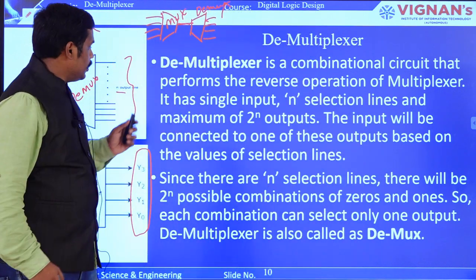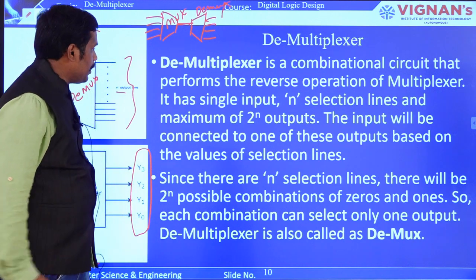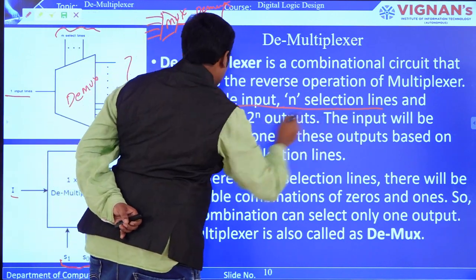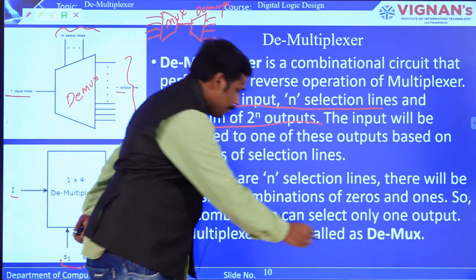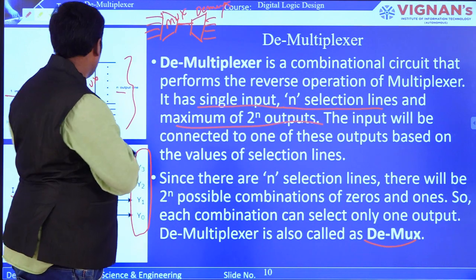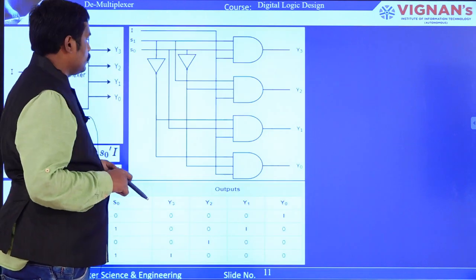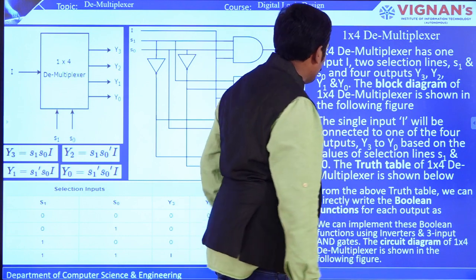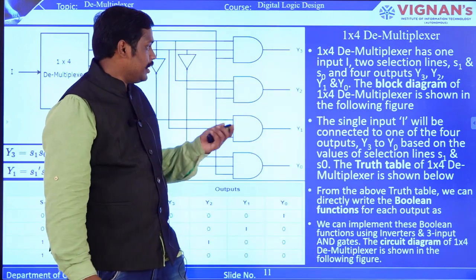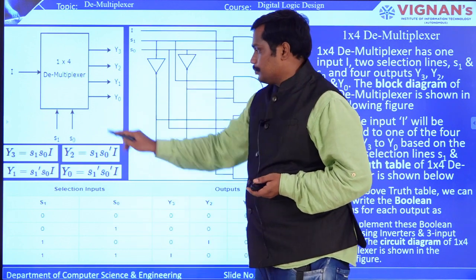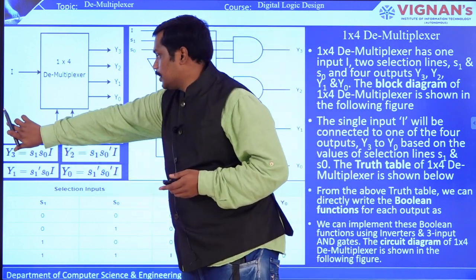And here you can see that this demultiplexer is a reverse operation of the multiplexer. So single input, n selection lines, and a maximum of 2 power n outputs. It is called the demux, which is the demultiplexer. This is the general representation. So you can see here the general diagram for the 1 by 4 demultiplexer, where you can see the block diagram as well as the truth table.